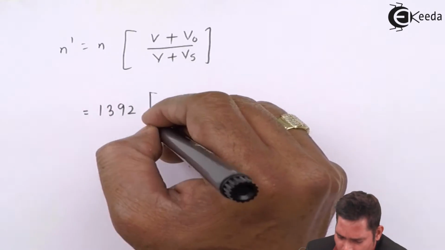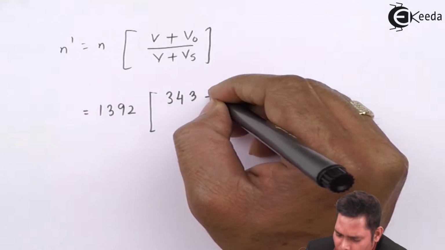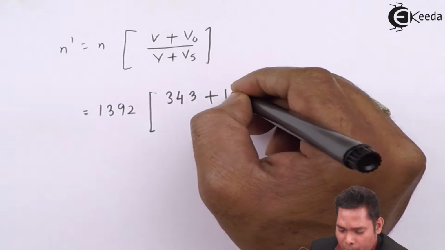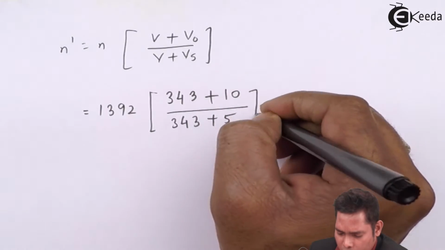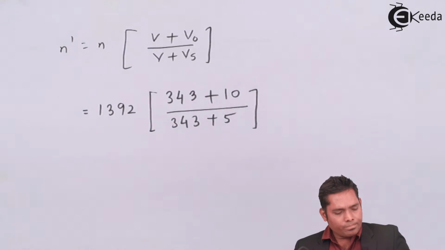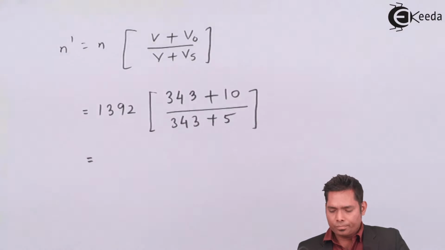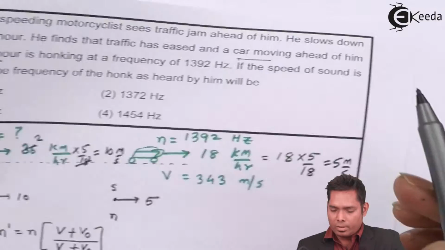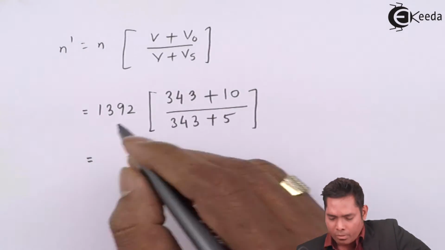The speed of sound is 343 given in the question, plus v naught, the observer moving at 36 km per hour, that is 10 meter per second, divided by 343 plus 5 for the source, the car at 18 km per hour. Now if I solve this, I will get the answer.